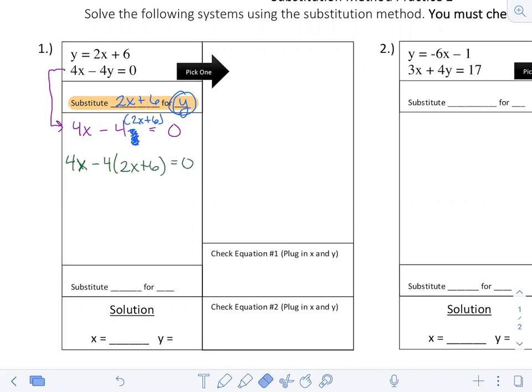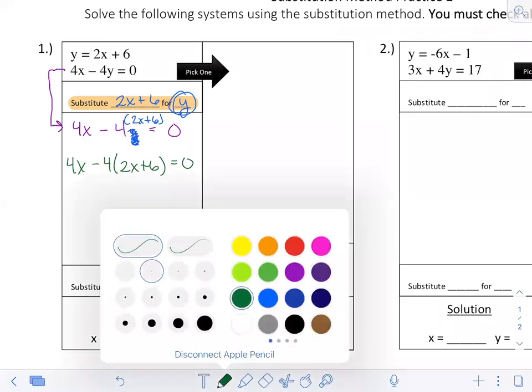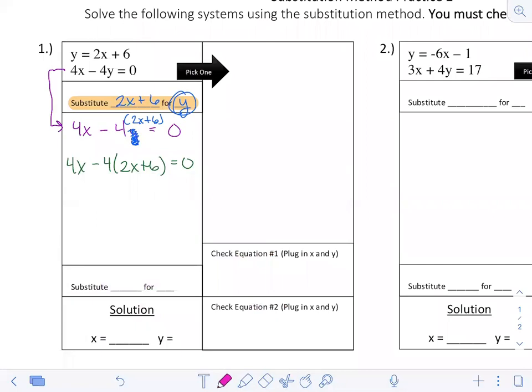You know you did it correctly when you look here and you see only one variable type. There's only an x and an x, right? It's not an x and a y, but they're the same variable now. All right. Next step, take that -4, circle that -4 on your papers right now.